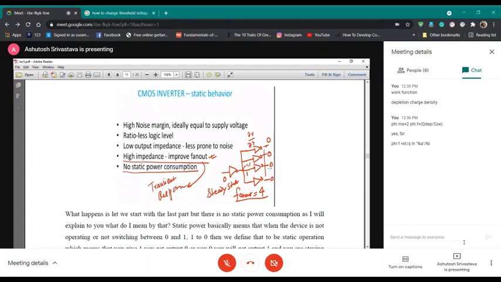In the static behavior, we shall also talk about ratio-less logic level. So this ratio-less is actually with respect to the W by L ratio.